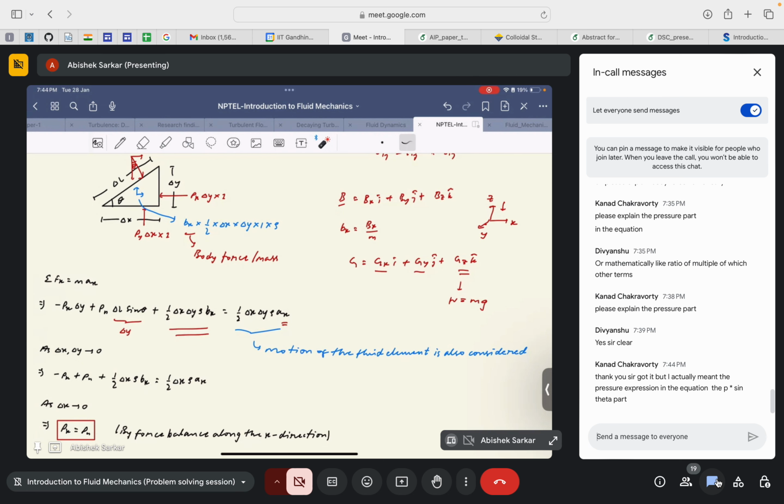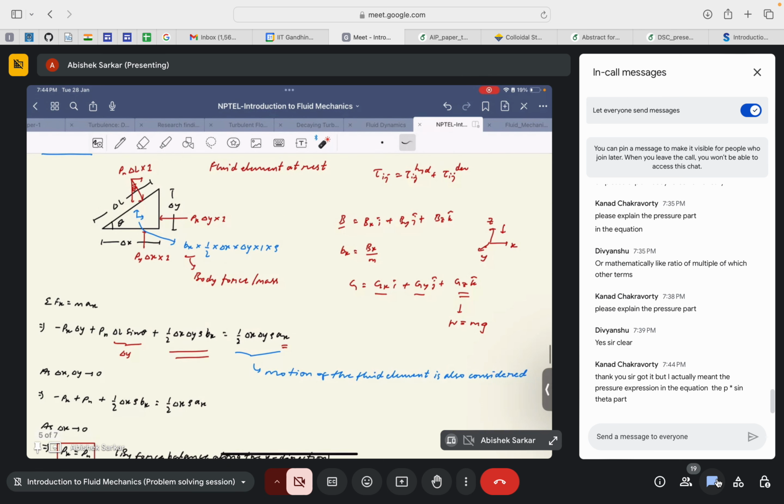It is a very inherent property of pressure that it always acts opposite to the direction normal to the surface. The direction normal to these surfaces would inherently be outward, but pressure always acts in the opposite direction, so basically it applies a compressive force on the fluid element. That's a property of pressure.